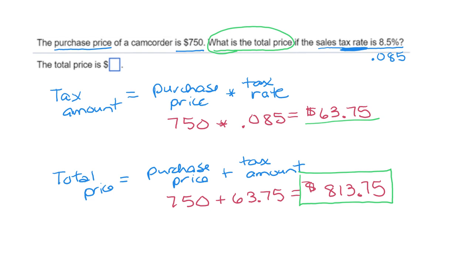So this is your total price here. So this is a little different. Remember, if we have a discount, we subtract it from the original price. But if you're looking for a total price, you're going to add the tax amount to your purchase price.